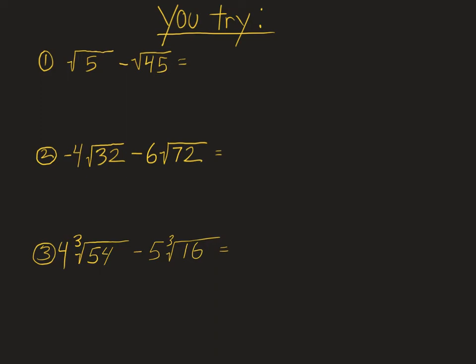All right, let's take a look. 5 is as far as it's going to go. So this is kind of a hint to you for what you should be looking for on the other radical if they're actually going to work out. They're going to have to become 5s. And we pull out that 45 into a 9 times 5, and the 9 is 3 times 3, and there's our pair. So we have the radical 5 from the front term, and then that pair of 3s comes out as -3, and what's left underneath is the 5.